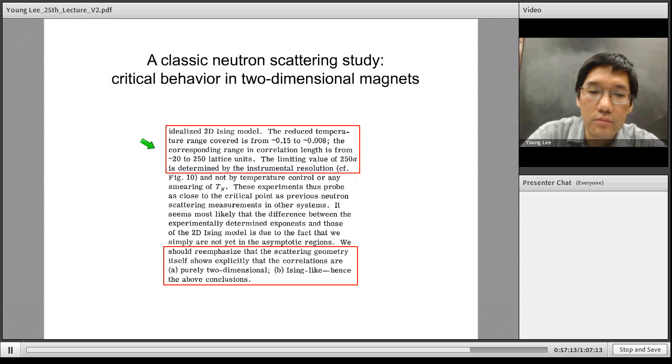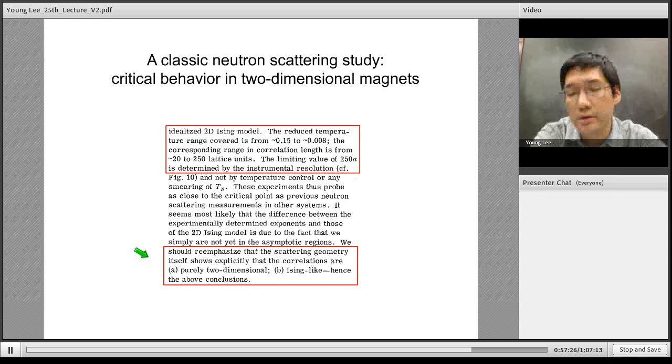What cuts off this high value for the correlation length is just instrumental resolution effects. And what they can see quite nicely is that the critical phenomenon is dominated by 2D Ising physics. This is clearly two-dimensional physics, first and foremost, and the particular values are Ising-like.